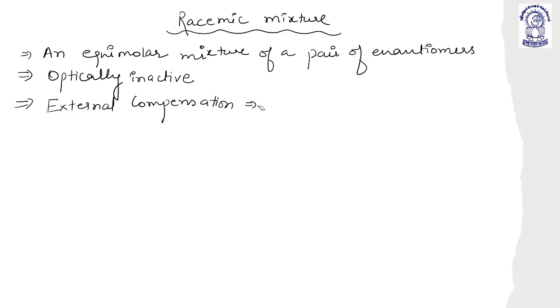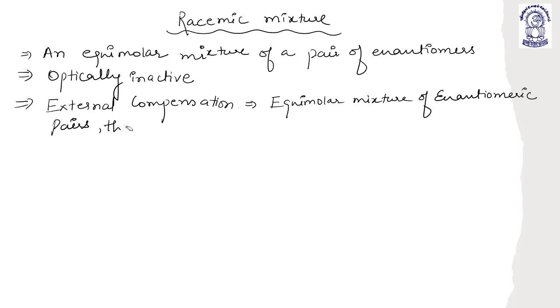External compensation simply means that in an equimolar mixture of enantiomeric pairs, the rotation caused by the molecules of one enantiomer is cancelled by the other enantiomer.